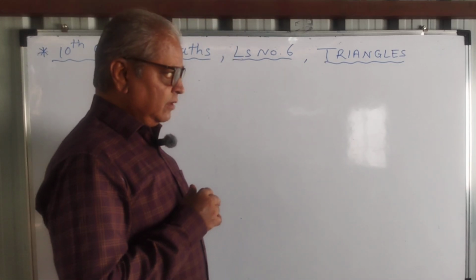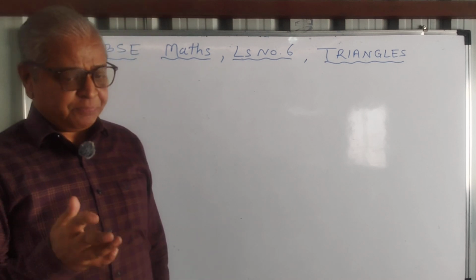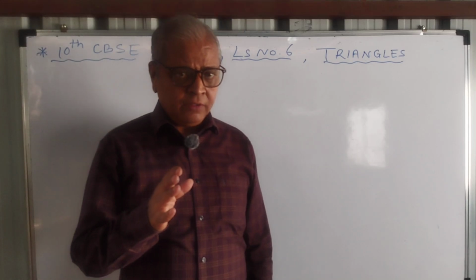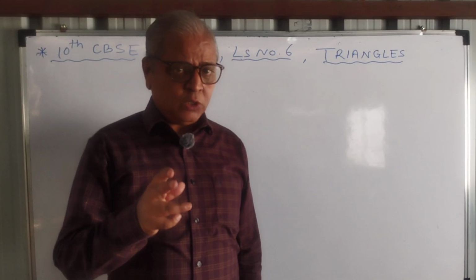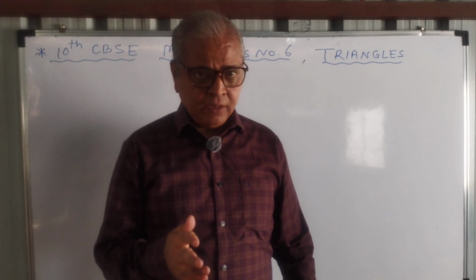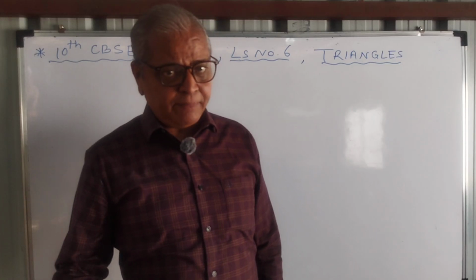In this lesson, first we need to understand what is meant by similar figures. When you consider two polygons at a time, they have to have the same number of sides. If you consider a pentagon, then the other has to be a pentagon.